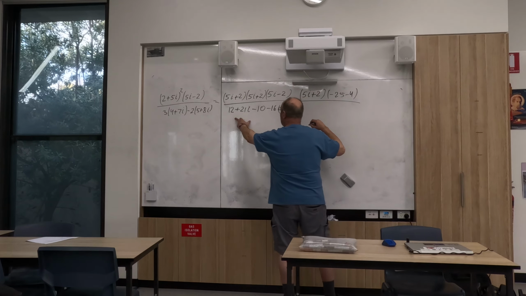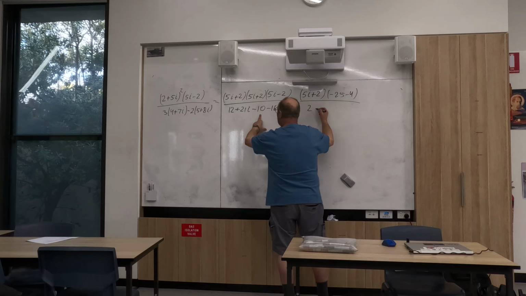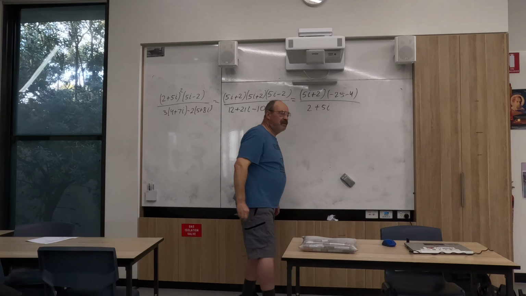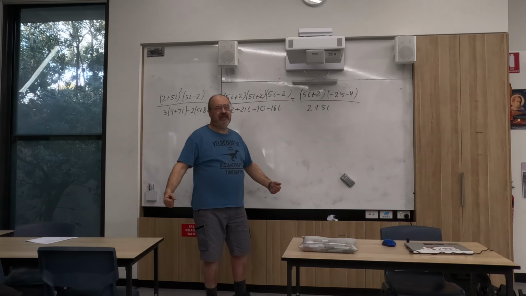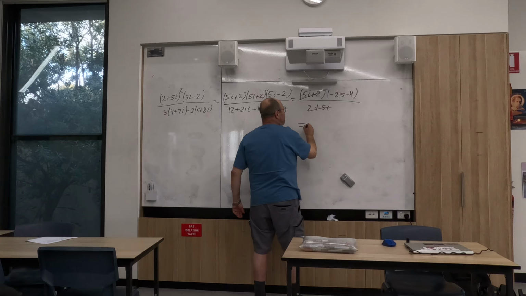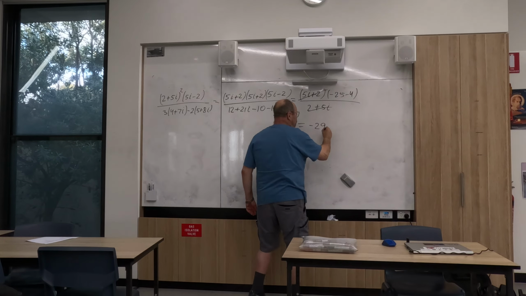Here we have 12 minus 10, which is 2 plus 5i. So it cancels out, and the answer is negative 29.